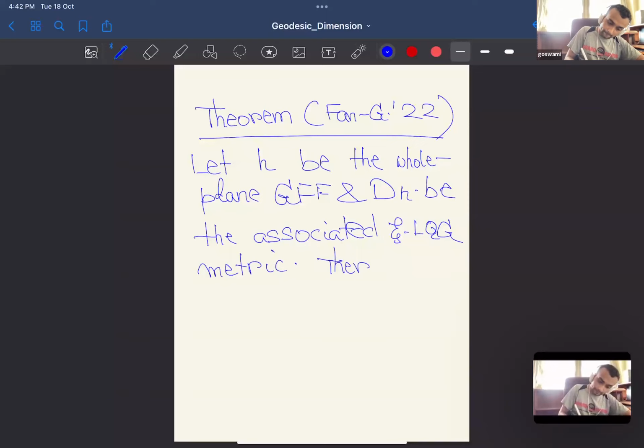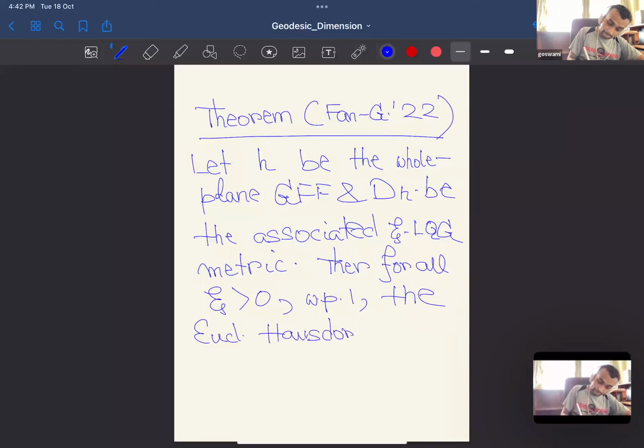Then for all xi bigger than 0, with probability 1, the Euclidean Hausdorff dimension of any D_h geodesic is strictly greater than 1.